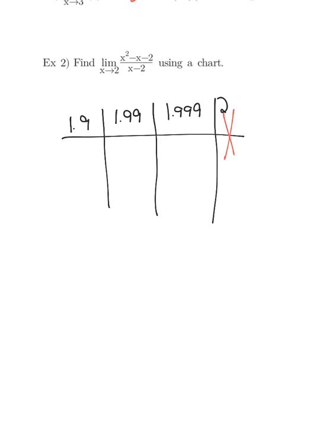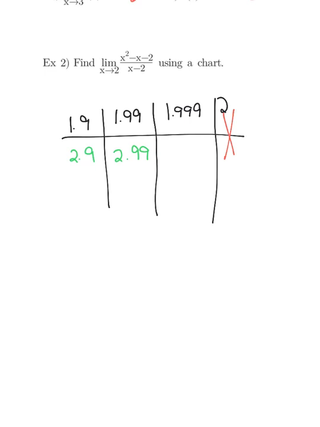So if you put 1.9 into the function of x squared minus x minus 2 over x minus 2, if you calculate that, you should get an answer of 2.9. If you put 1.99 into this function, you should get 2.99.